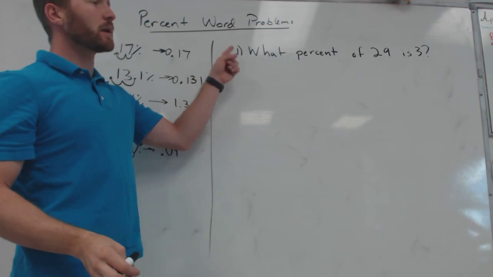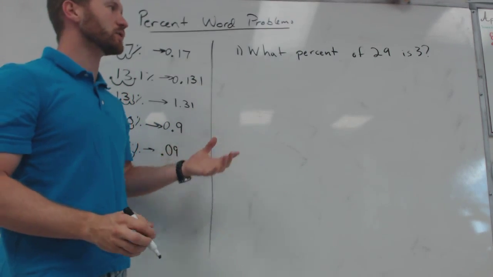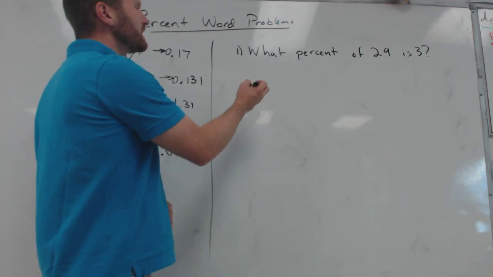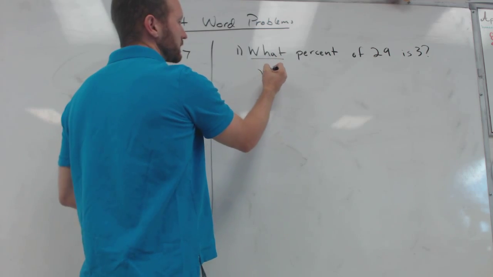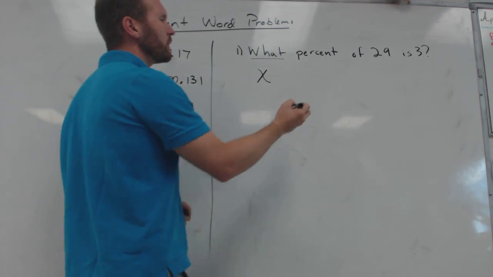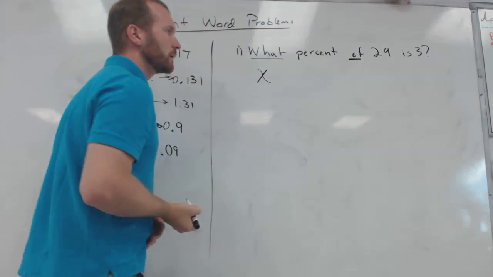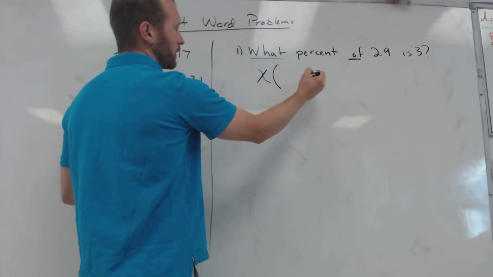So the key with these percent word problems is just learning which things mean which algebraic expressions. Whenever we see what, that's going to be x. Whenever we see of, that's going to be times. And we're going to write times with parentheses.